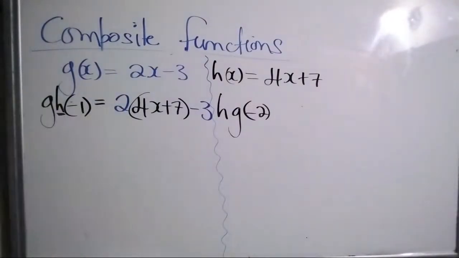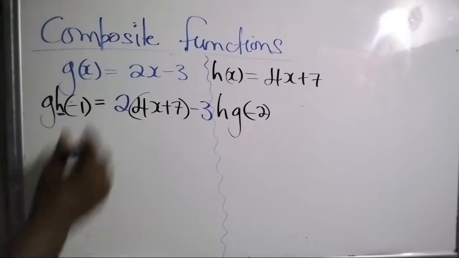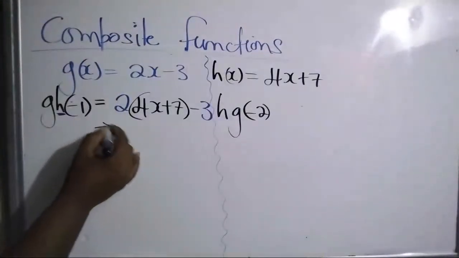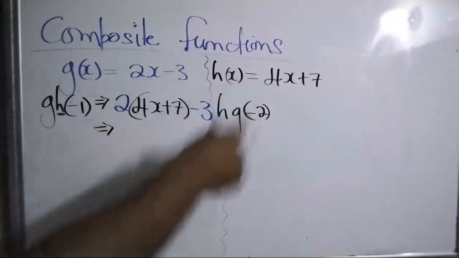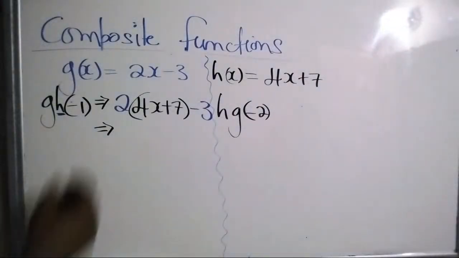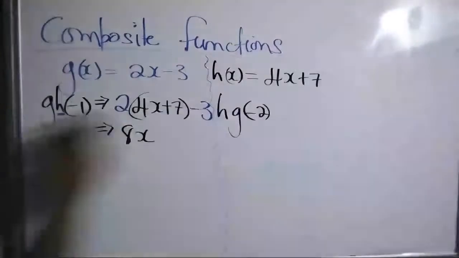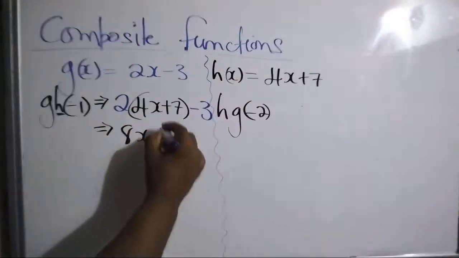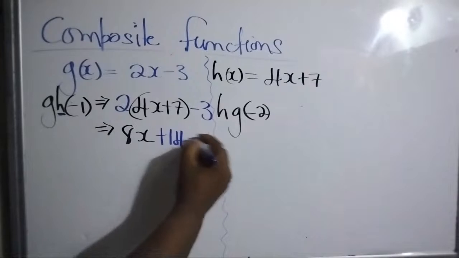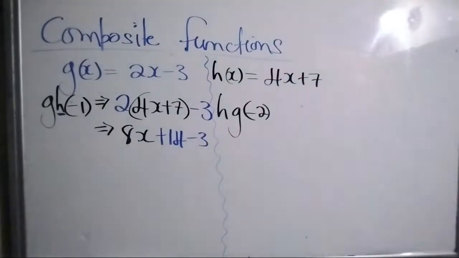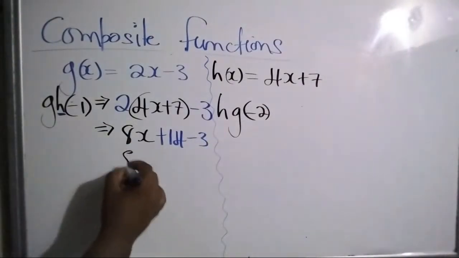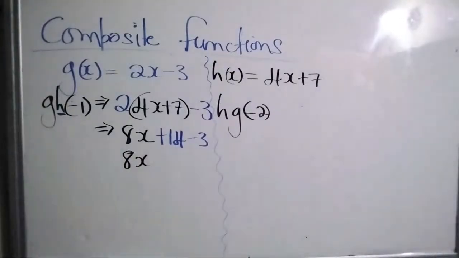Alright, so all we have to do now is expand the bracket, right? If you're just joining, just watch back the playback, alright? We already went through this process. So we have 2 times 4, that's 8x, 2 times 7, that's 14, minus 3. This is going to remain the 8x because there's no other x term in there.